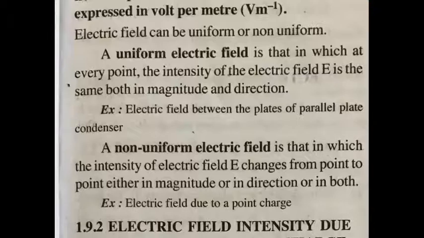And if its magnitude changes, or direction changes, or both magnitude and direction change from position to position or point to point, then we can say that it is a non-uniform electric field. Then what is an example for uniform electric field, and what is an example for non-uniform electric field? For uniform electric field, suppose you take two plates, this is a positive plate and this is a negative plate of equal magnitude.